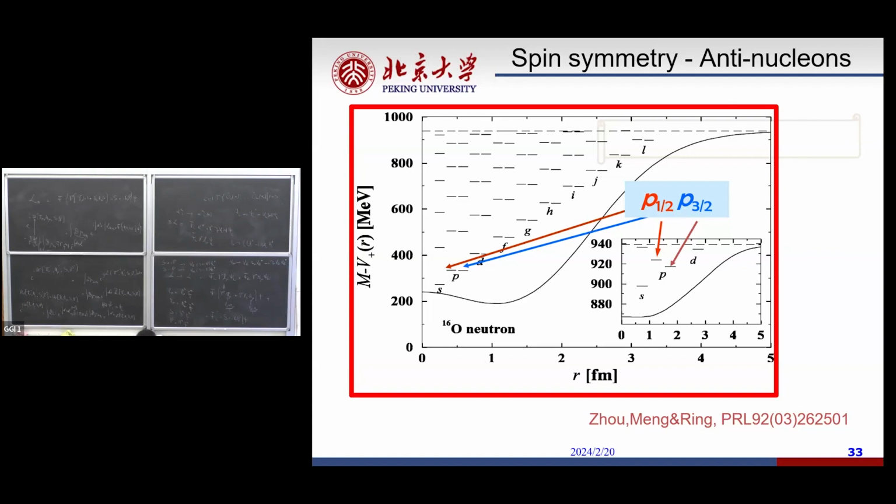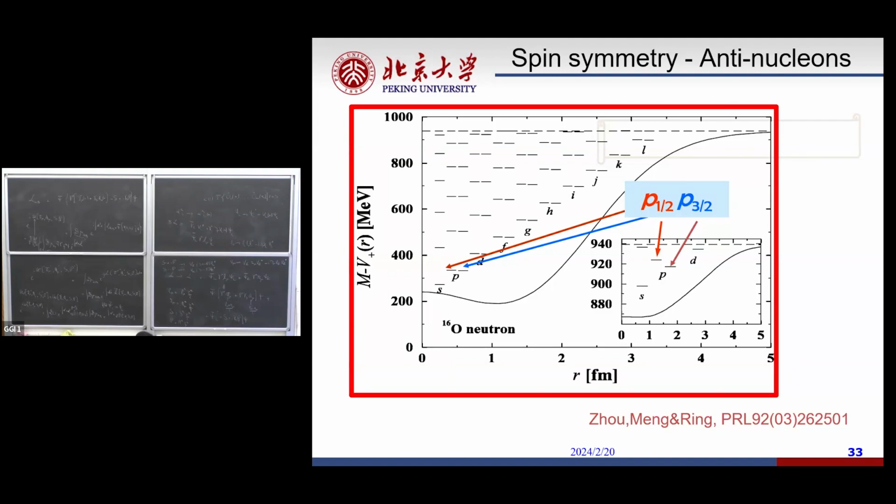So we try to investigate this system in such a way, we explore the Dirac equation with lambda very easily. With lambda, we can reproduce quite well all the lambda separation energy and the spin orbit splitting for lambda particles. And all of this is data.